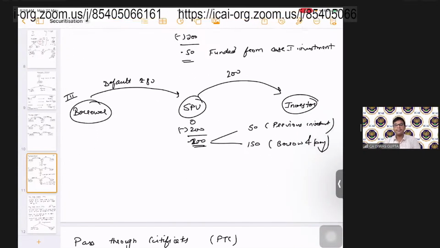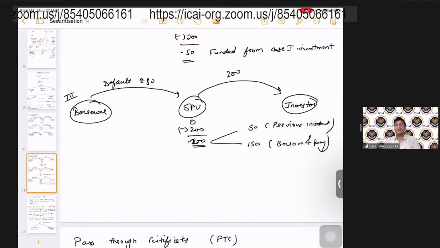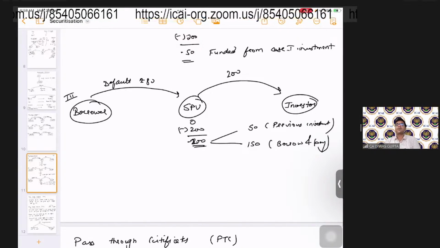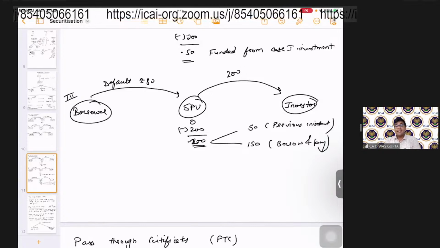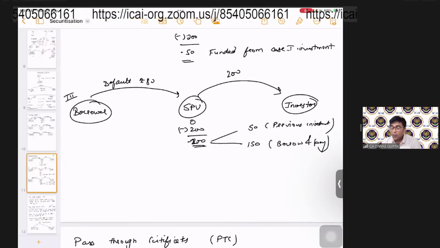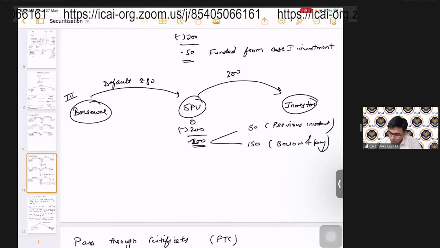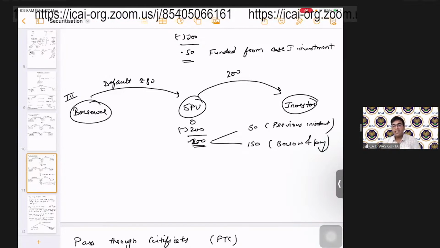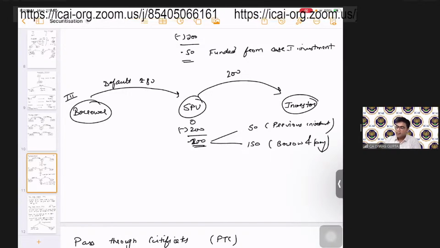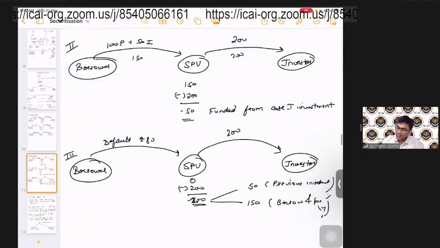Then the third part. In the third case, the borrower defaults to the SPV by rupees 80. Then the SPV has to pay the investor again 200. Now, out of that 200, 50 it has from the previous investment. The previous investment in case 1 was 100, out of which 50 it paid in case 2.